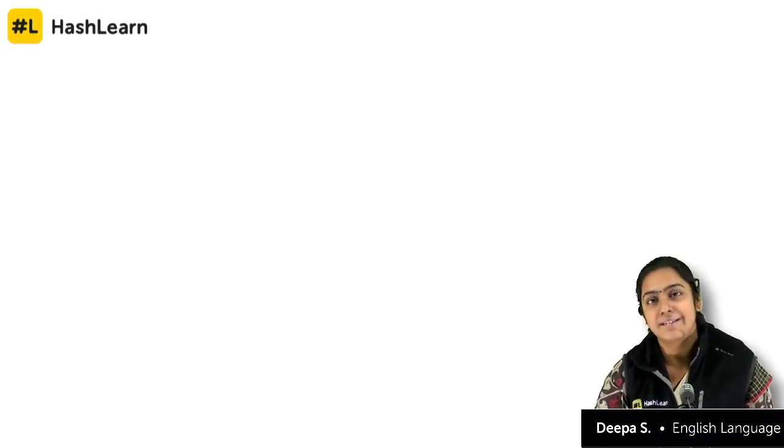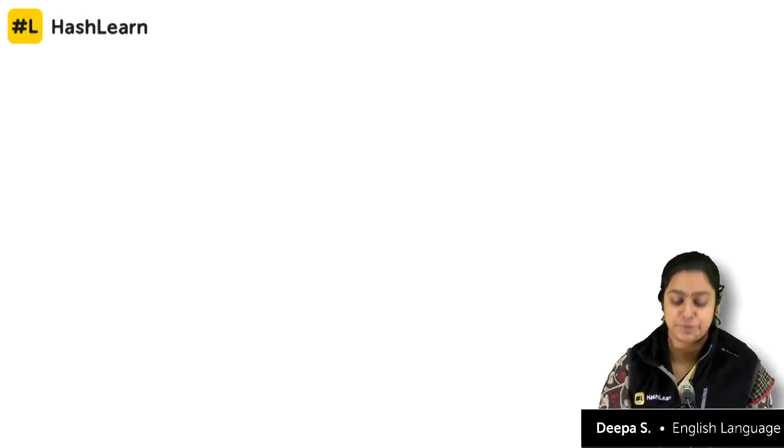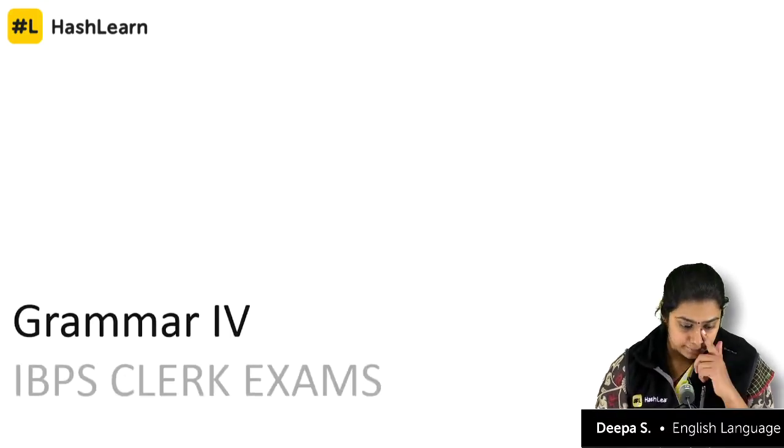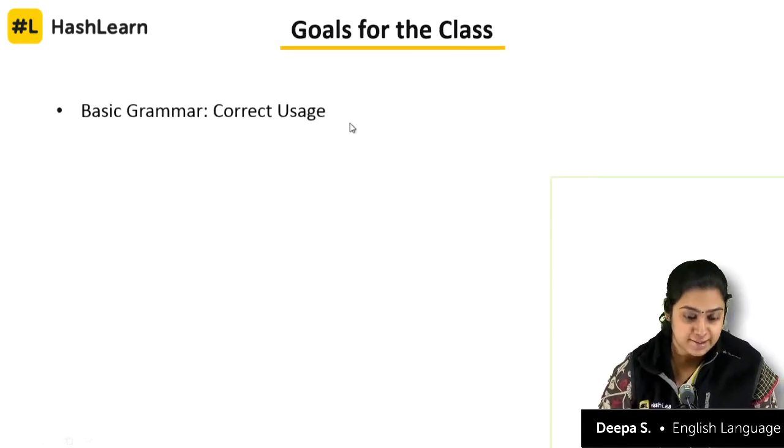So the entire class is going to be about common confusion that arises in most of our minds when we speak or write the language. So, of course, the goal for this session again is going to be correct usage.